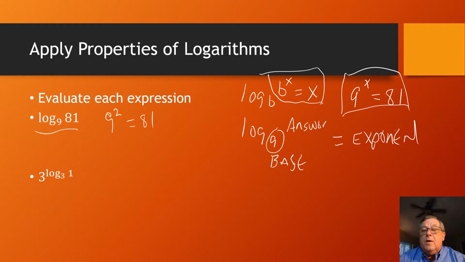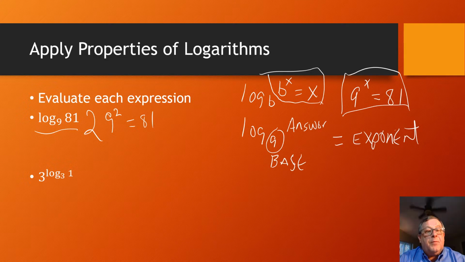And so that's another way to think about this. So in other words, if I got a base of 9 and it's raised to a certain power and the answer is 81, what would that exponent have to be? Well, it'd have to be 2. So log base 9 of 81, the answer there is 2, because 9 squared is equal to 81.